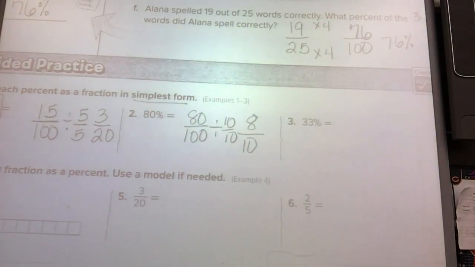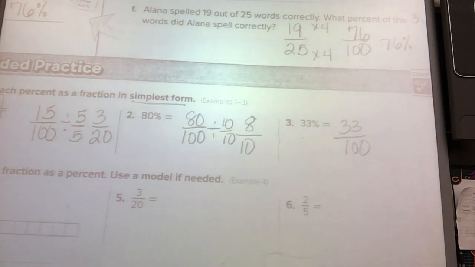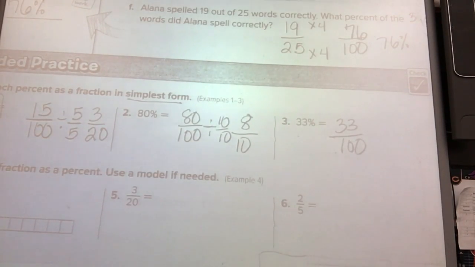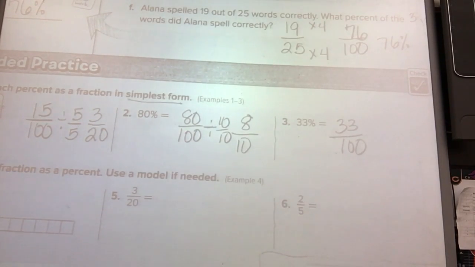How about 33%? 33 over 100. This is one of those that you can't reduce. 33, 66, those are two percentages that you cannot reduce, so it's just going to be 33 out of 100. And honestly, that's just one that you'll learn over time of doing it over and over again. 33% cannot be reduced.